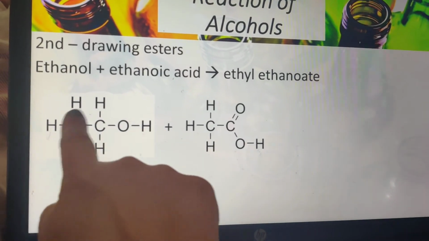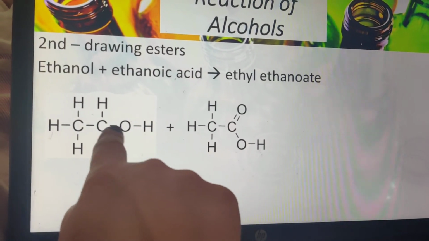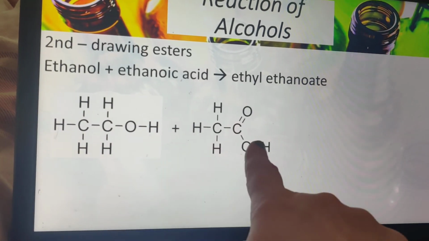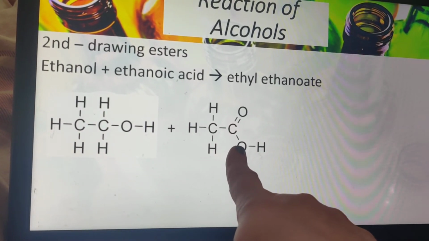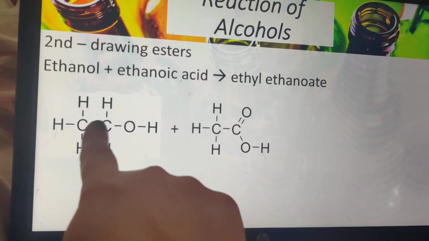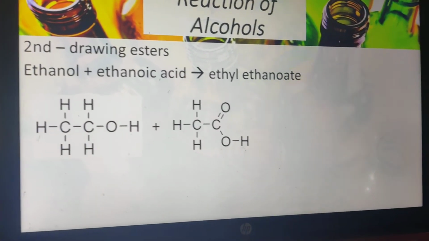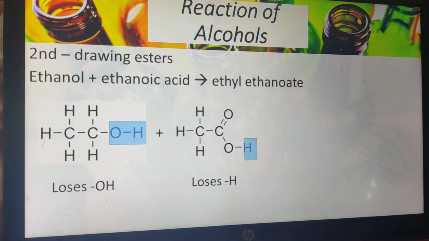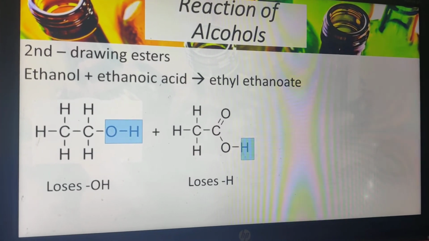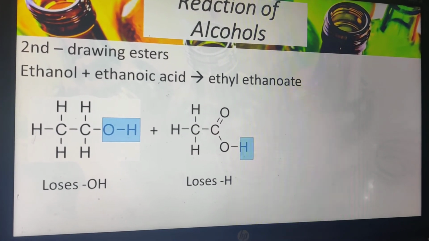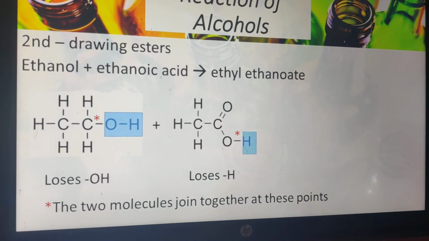And you've got this carbon here that wants to bond to something, and this oxygen here that wants to bond to something. So all that happens is that this carbon comes round here and bonds onto that oxygen. There will be videos of this on YouTube if you need. So we lose the OH from there, lose the H from the acid, and they join together.